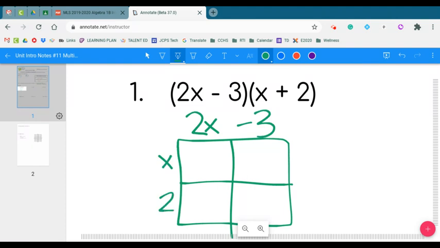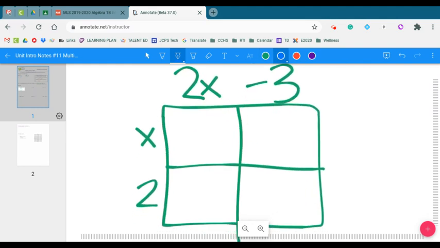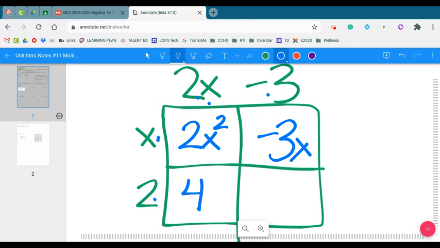Doesn't matter if you were to flip which side those are on. So your first box, you're going to do x times 2x to get 2x squared. Negative 3 times x, because that's where this box is, negative 3x. So this box on the bottom, you're going to do 2x times 2, and that's going to give you 4x. Then you do negative 3 times 2 to give you negative 6.